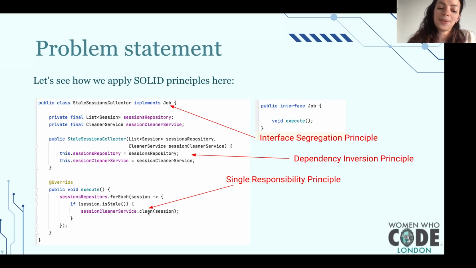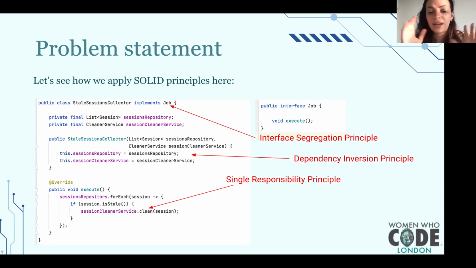We have only one method, execute, which gets stale sessions from the session repository and calls clean on the session cleaner service. So our service also has one method. We do not try to clean sessions here, because here we already get them from the repository and check them, and the logic to clean them we delegate to another service.